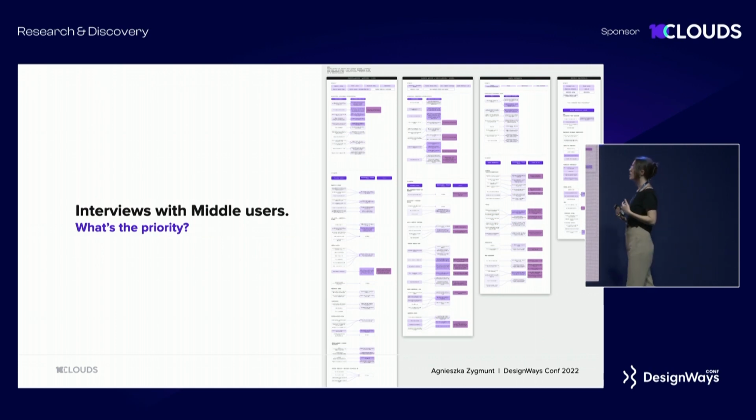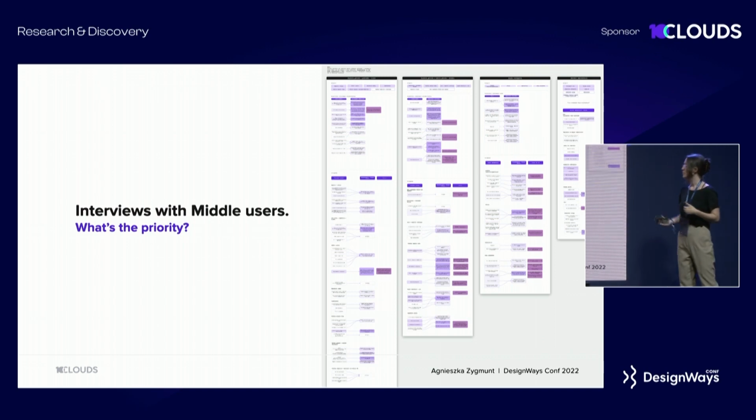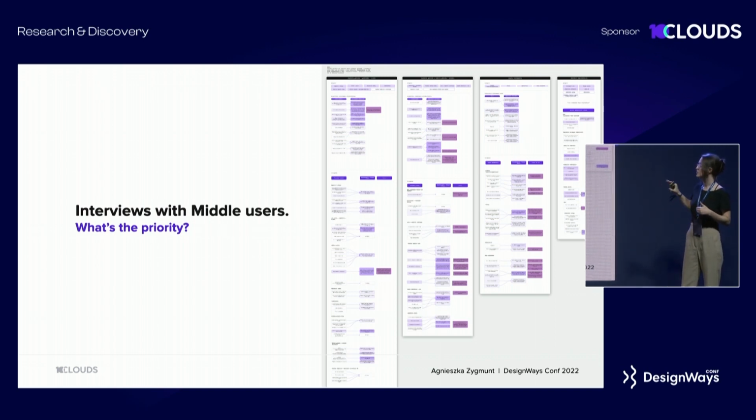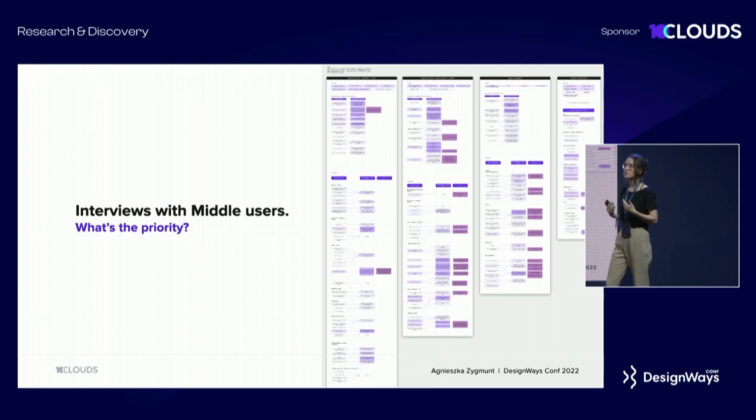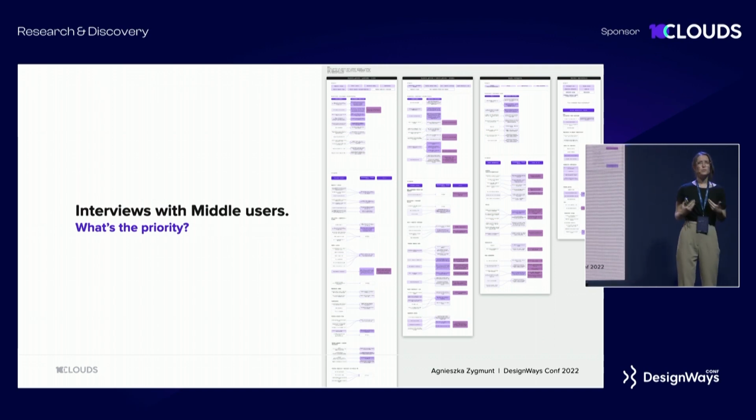And in the middle of the interviews with the middle users, we found out, this is only a screenshot of a really small part of the insights, that even if we have only a few personas, we have a lot of information and needs, and every persona wants something different.